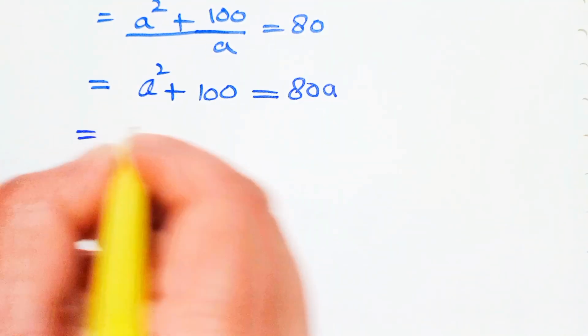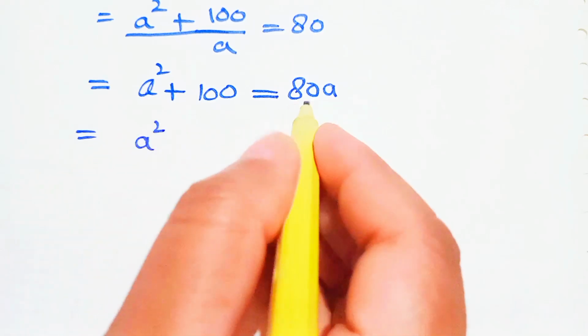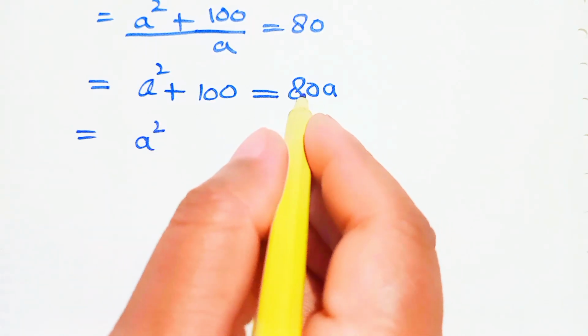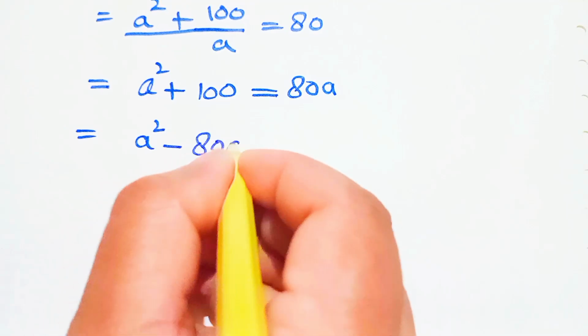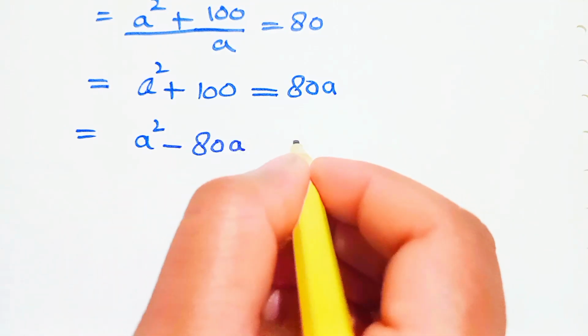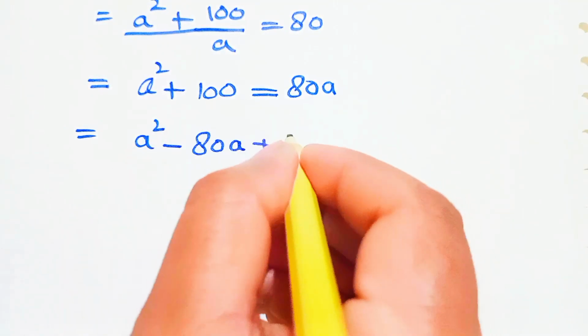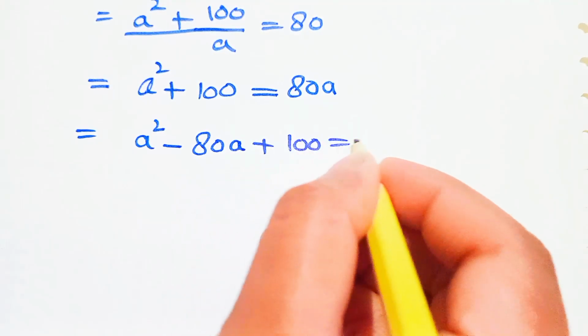So a squared, and this 80a moves over as minus 80a, plus 100 is equal to 0.